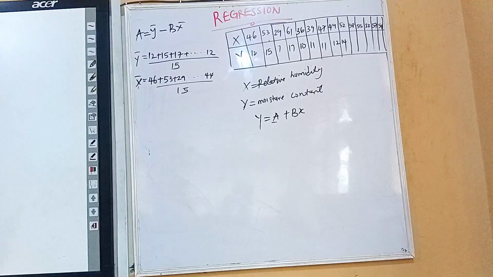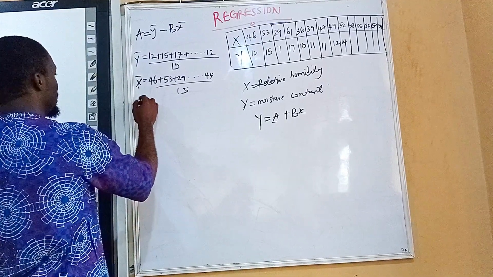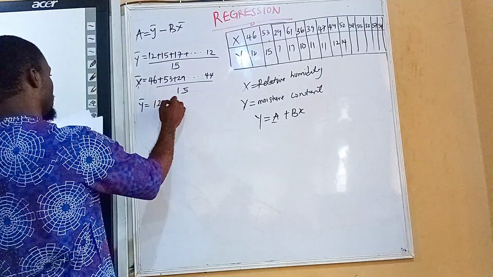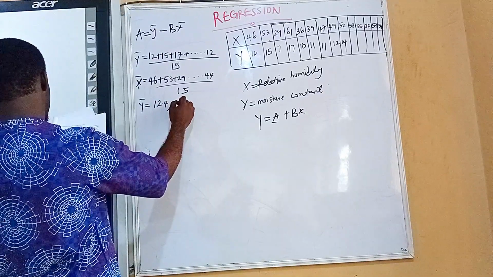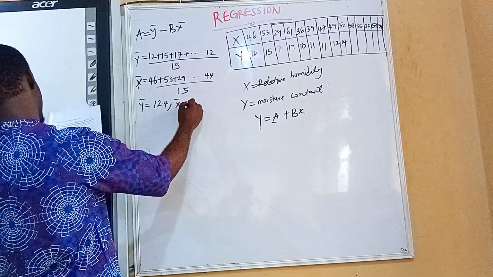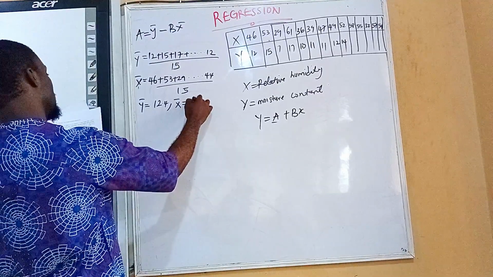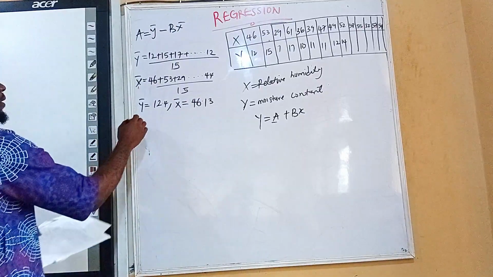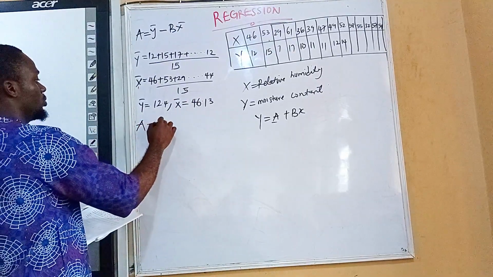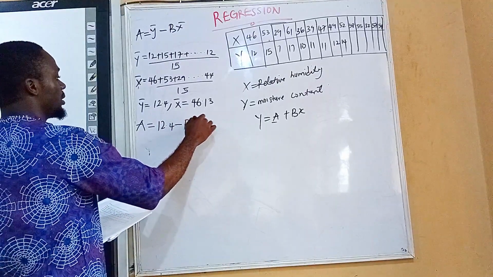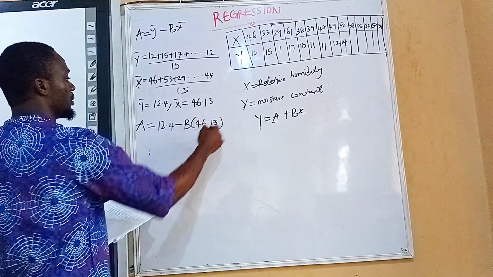So the y bar is equal to 12.4 and the S bar is equal to 46.13. So our A estimator is equal to 12.4 minus B times 46.13.